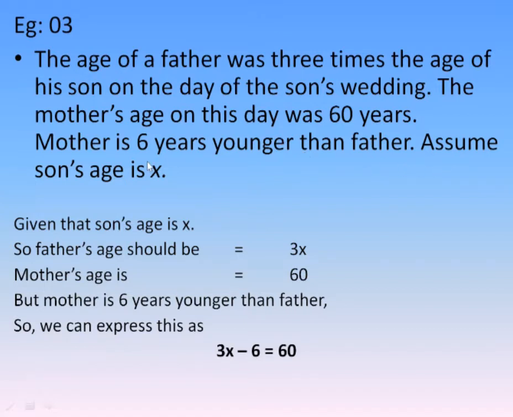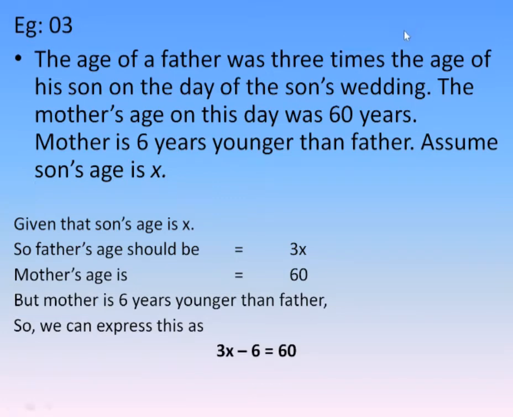Assume that the son's age is X. The age of the father was 3 times the age of his son, so the father's age should be 3x, isn't it? Son's age is X, father's age is 3 times son's age, so father's age should be 3x.